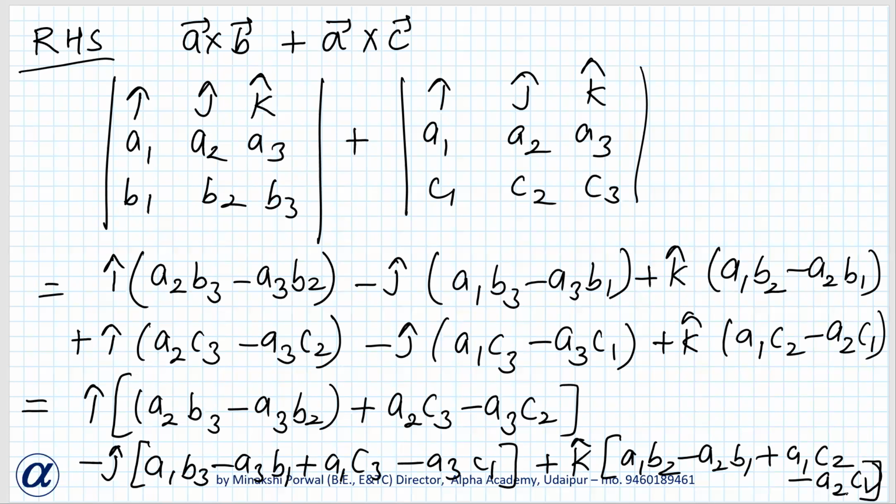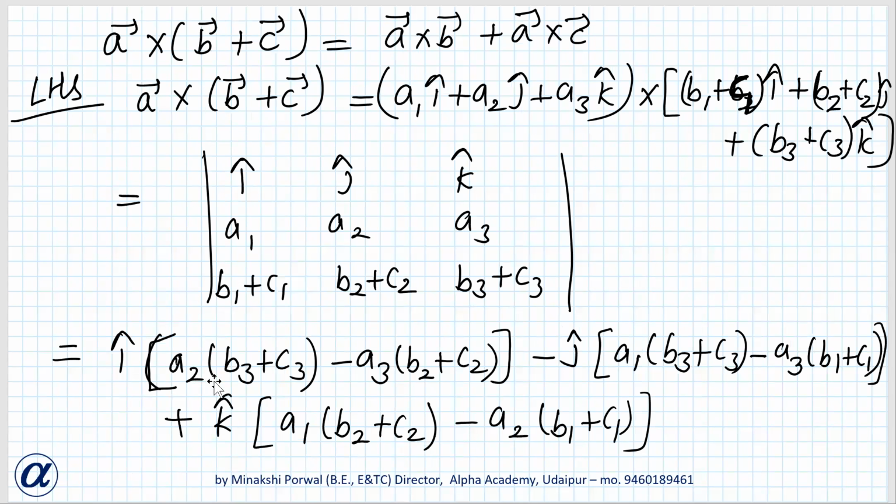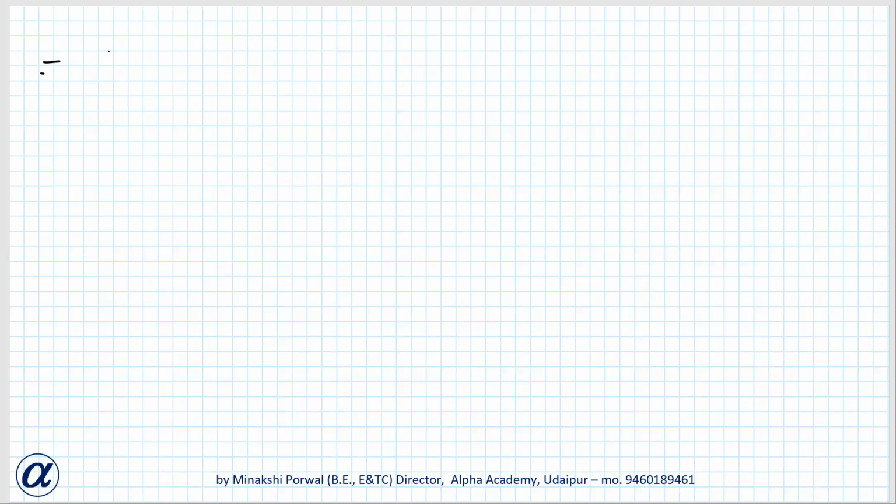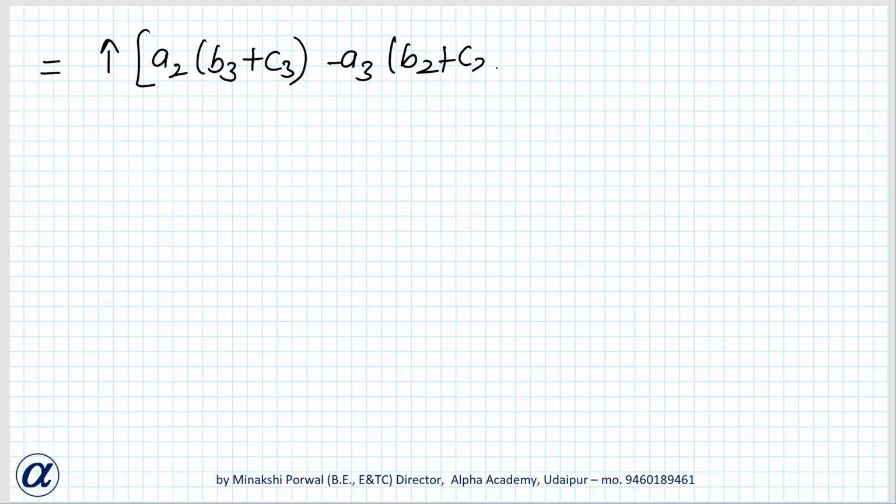Okay. Now, we just have to prove them equal. So, can we write this as A2 into B3 plus C3 and minus A3 into B2 plus C2? So, just rearranging it, this is equal to I into A2 into B3 plus C3 minus A3 into B2 plus C2.